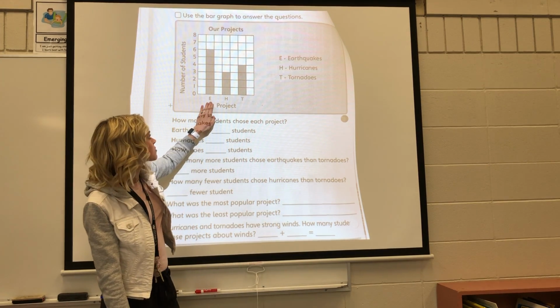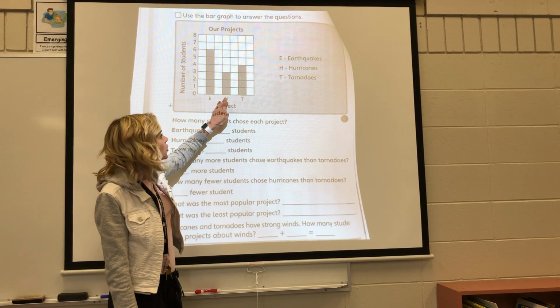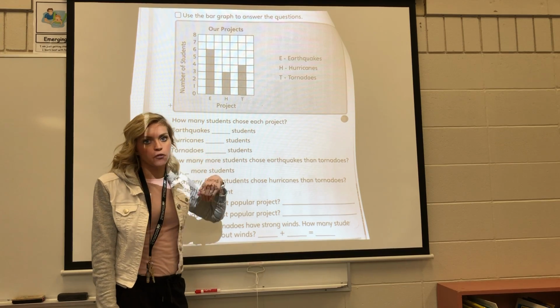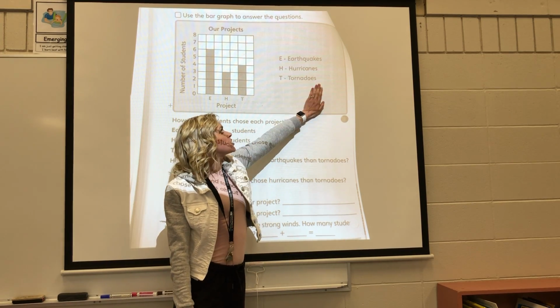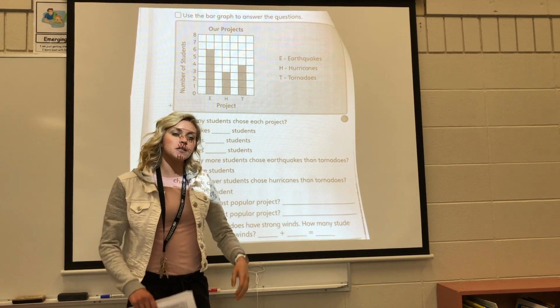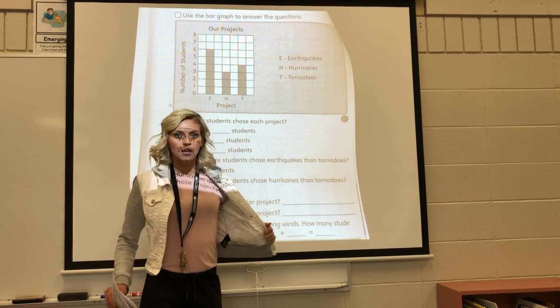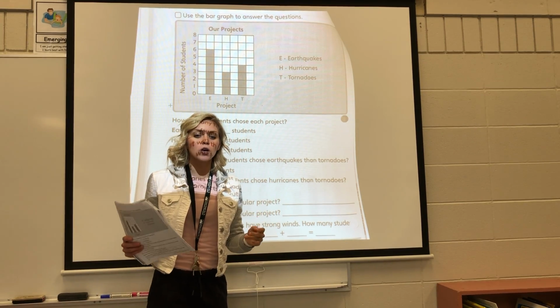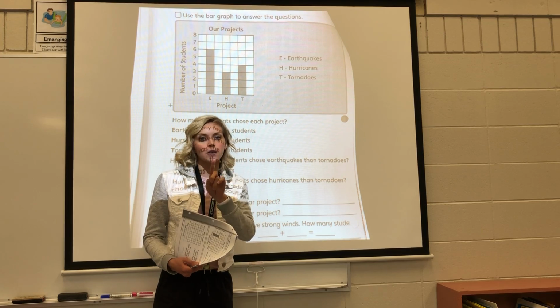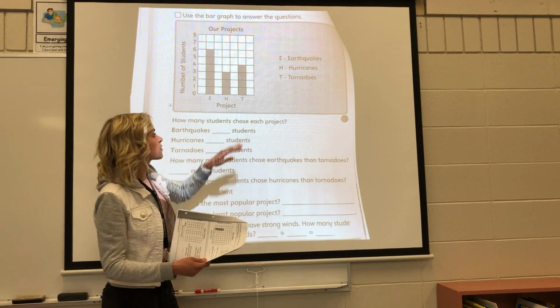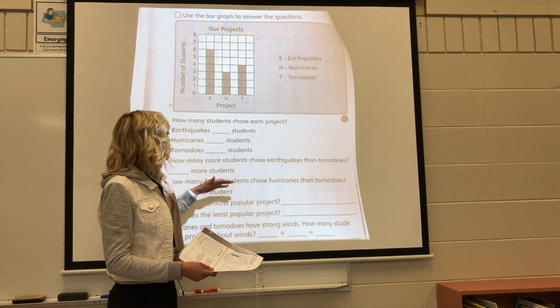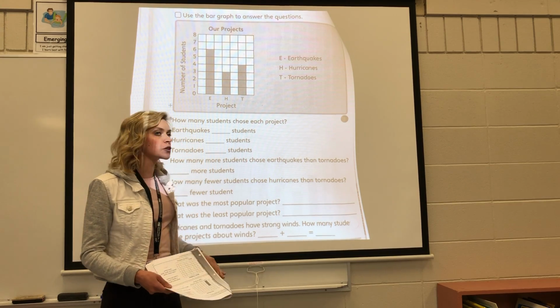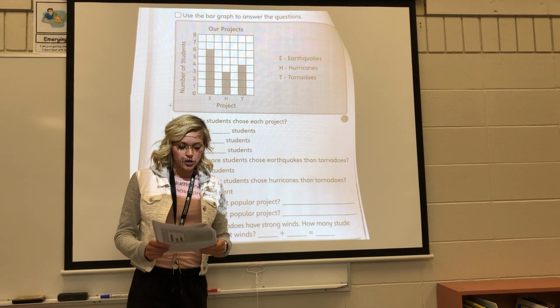So the E stands for earthquakes, the H stands for hurricanes, and the T stands for tornadoes. The legend is along the side here. Sometimes there isn't a big enough space for us to write the entire word out, so we can just use the first letter of the word to put at the bottom of our bar graph. Then it has all of these questions for you to try and answer on your own.